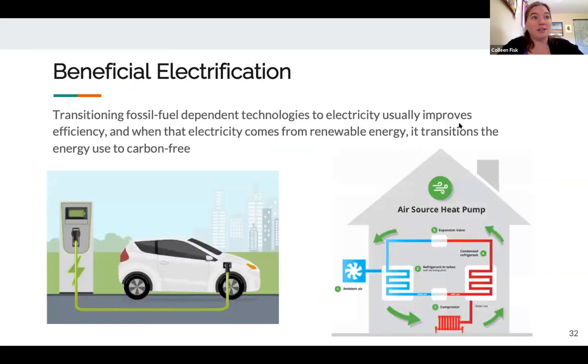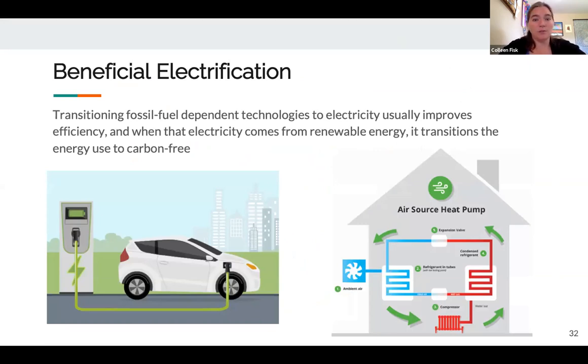So I want to mention beneficial electrification. This is transitioning your fossil fuel dependent technologies to using electricity, like your cars transitioning to an electric car, or using an air source heat pump instead of a boiler. It tends to be more efficient.